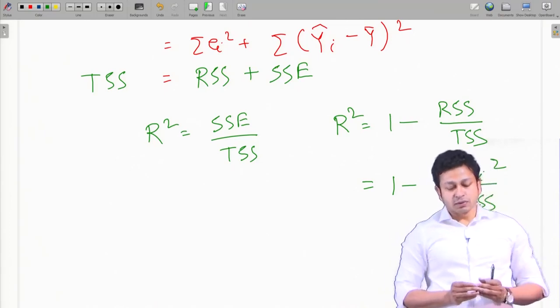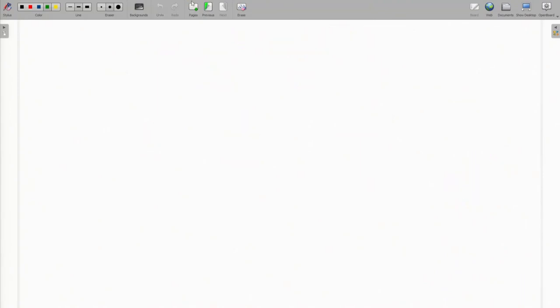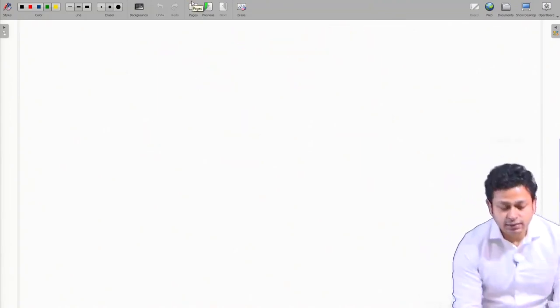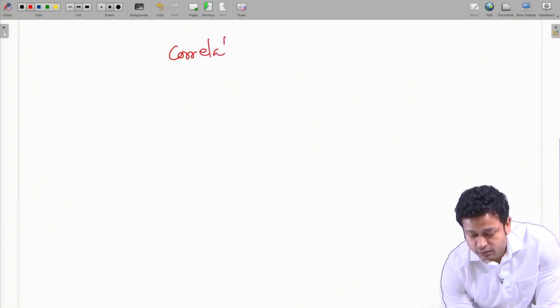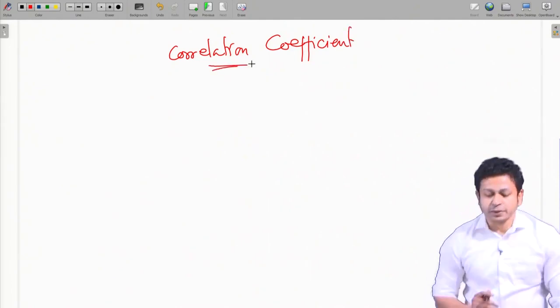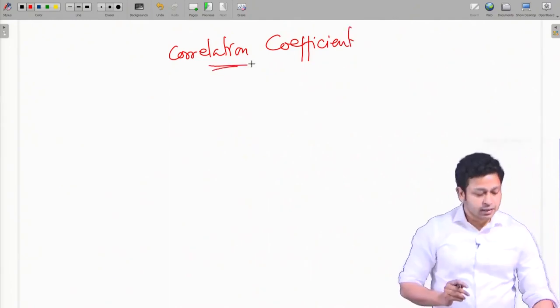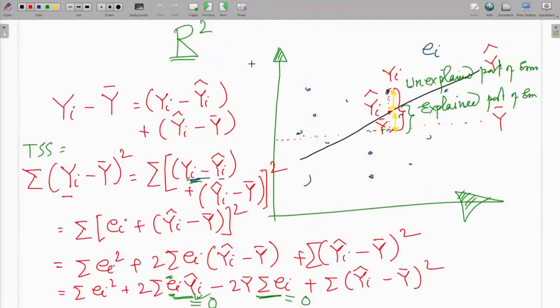Now, what to do with the correlation coefficient? We will look into that part now. Here, what I am going to do is take the correlation coefficient between the actual y and my estimated y.